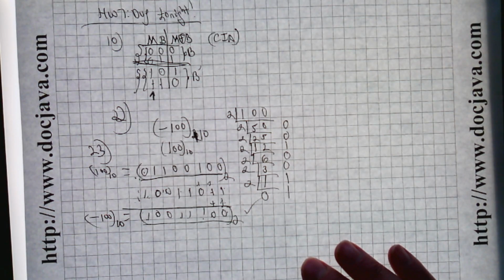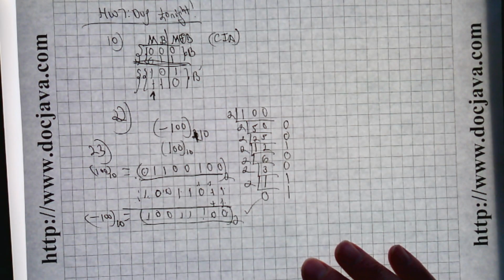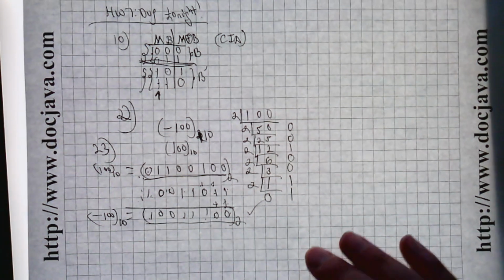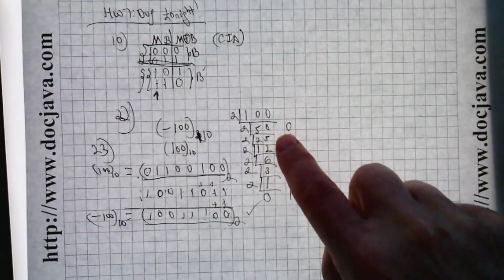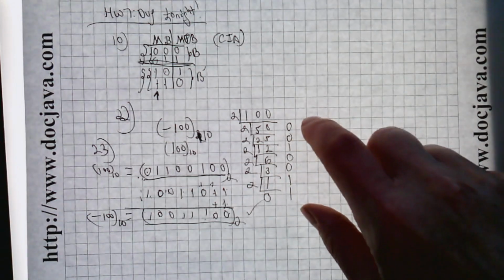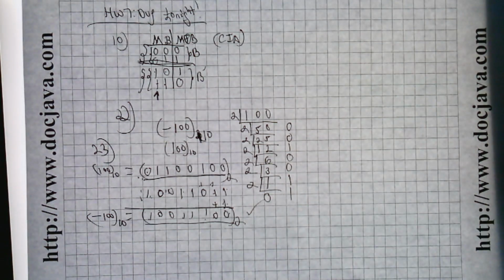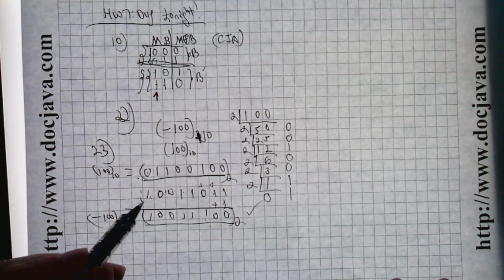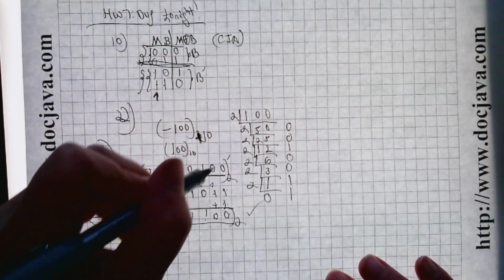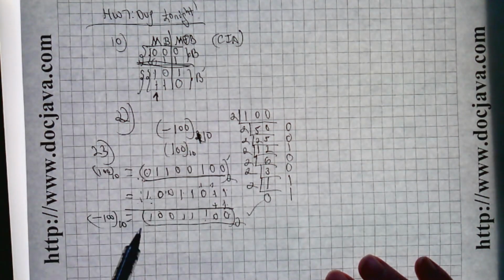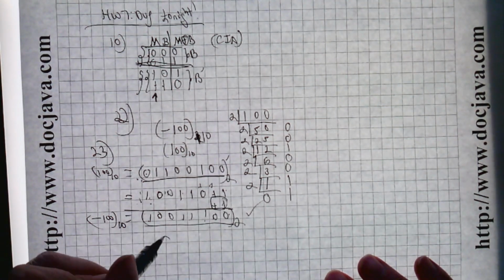Who got confused by that? Did I go too fast? You speak up if I have. I'll do it again. Did you understand about the repeated division, right? Everybody got this part. Yeah, okay. So all I did was, I hope I didn't take too many shortcuts, I formed a complement, which is here, and then I added 1, because I have to do CIA.